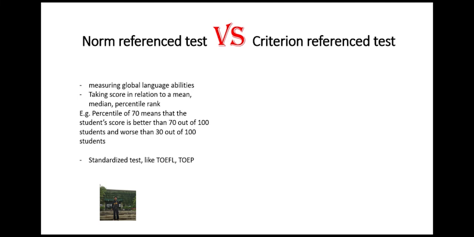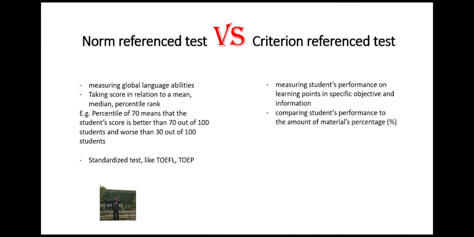NRT assessment can be a standardized test like TOEFL, TOEIC, or another test that takes score and can be compared to the others. While criterion reference test or CRT is used to measure students' performance or learning points in fairly specific objectives and information.